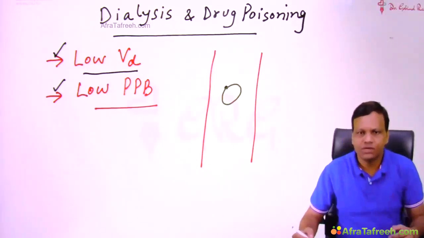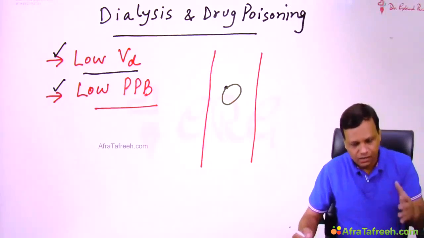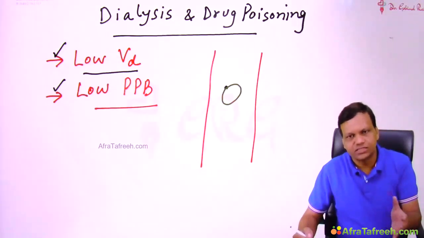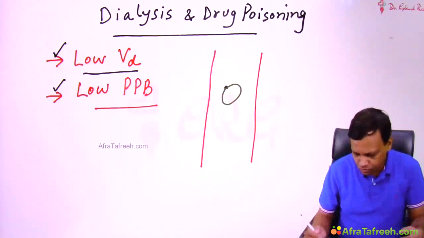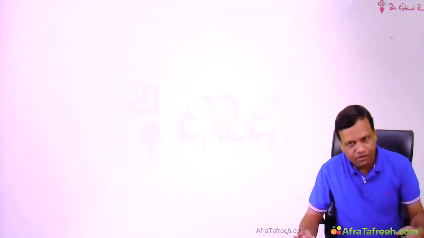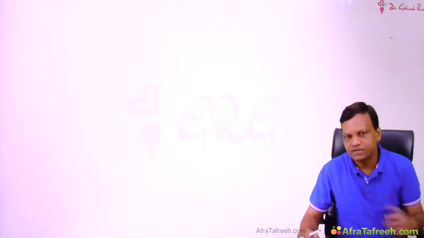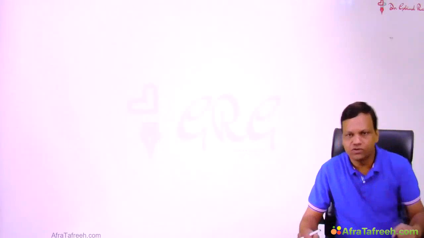Now you need to remember some of the important drugs for which dialysis is done, and some of the drugs for which dialysis is not effective. You can remember that easily. There is one MLA, Member of Legislative Assembly, in my community. He was having renal failure, so he was on dialysis therapy.